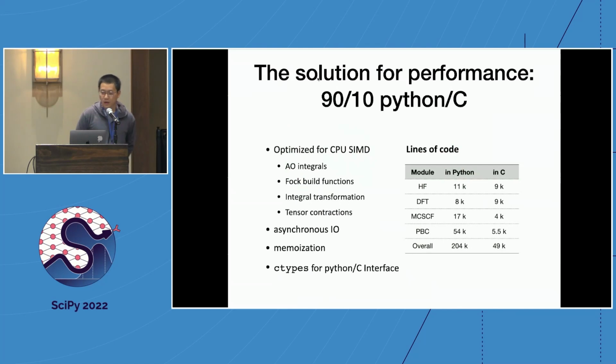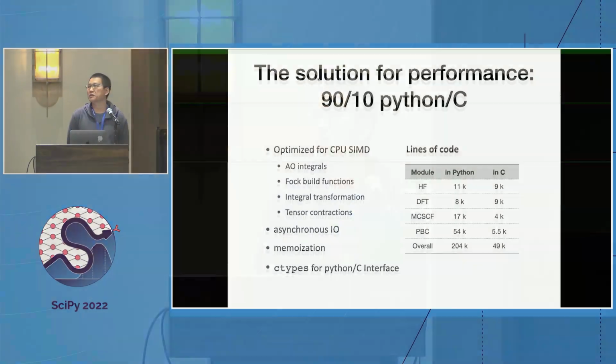And we just talked about that another challenge in quantum chemistry programs is the performance. You may have the question that, okay, if this package is written in Python, as we know, Python is famous for its slow performance.